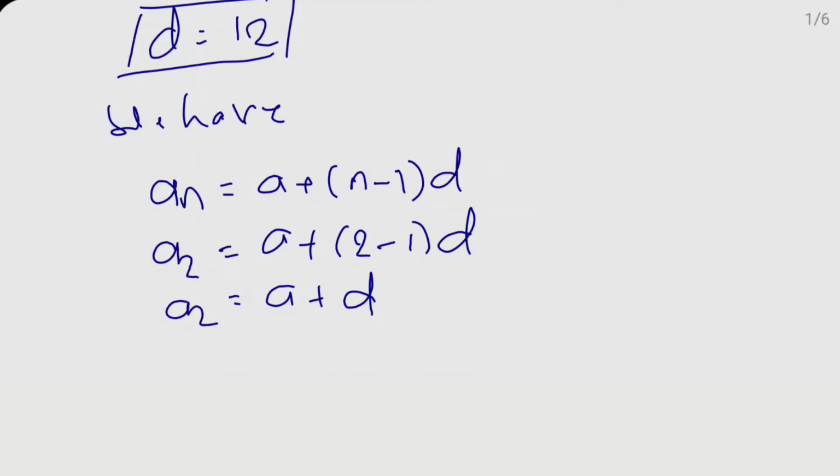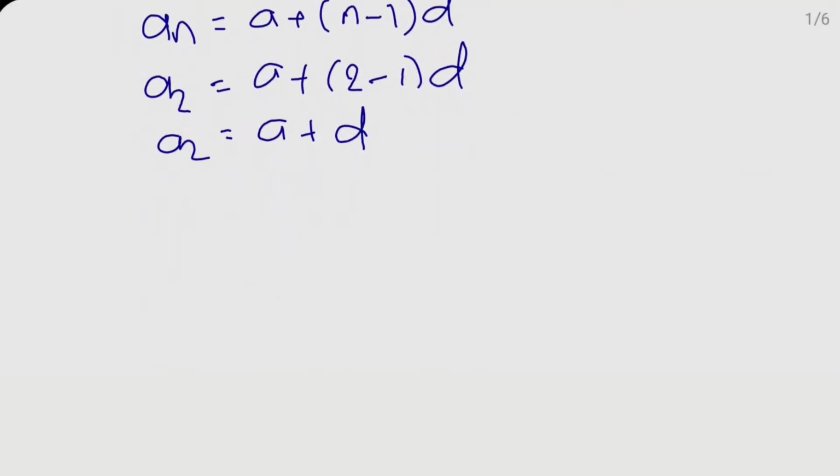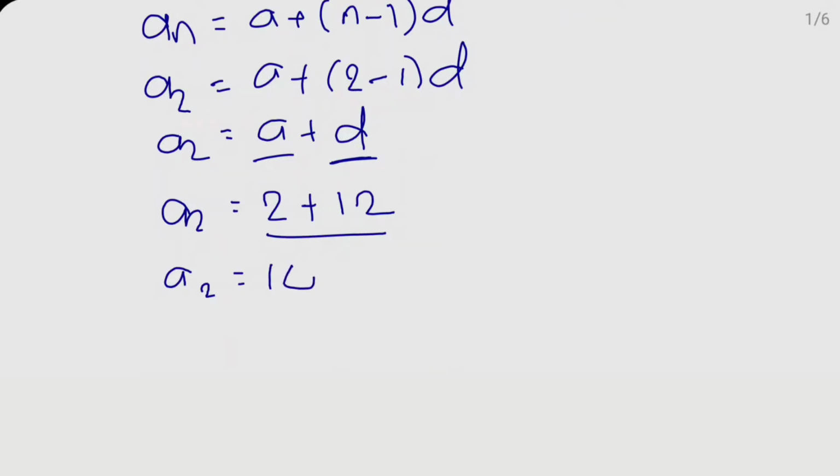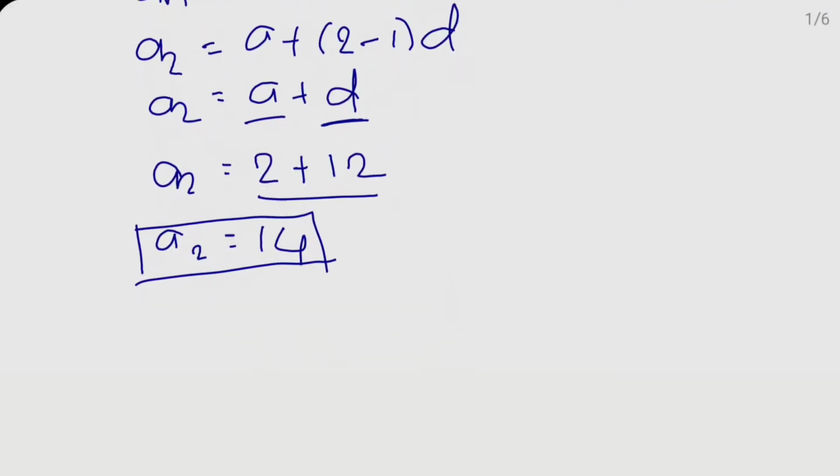So a2 equal to a plus d. Now substitute the value. Here a is the first term, they only given 2, plus d is 12. So a2 equal to 2 plus 12 is 14. So a2 is 14.